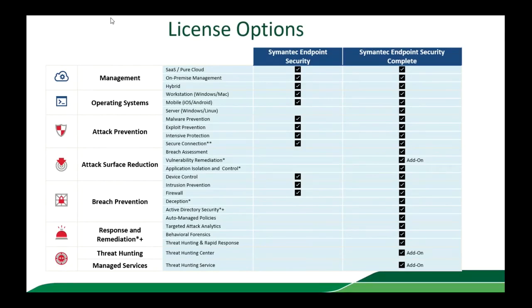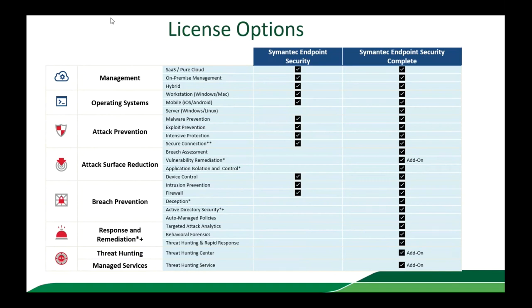If you have SES, for management you can do management either on cloud, on-prem, or hybrid. It works on different workstations, Windows, Mac, whatever you want. It works on different mobile operating systems, whether iOS or Android, and on your servers, either Windows or Linux. It has malware prevention, exploit prevention, etc. Then attack prevention.